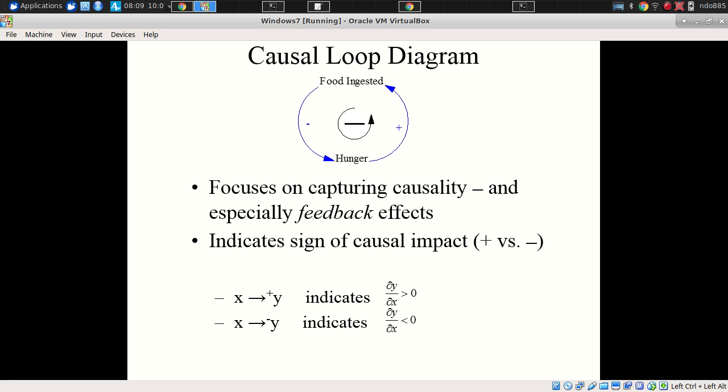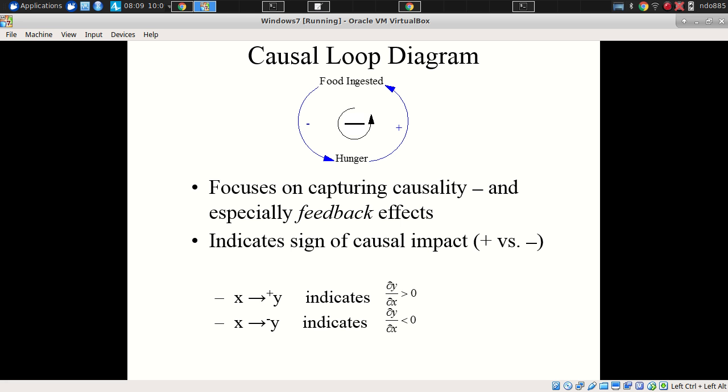We're not in a changed environment which limits our access to food, etc. So positive will mean increasing A will lead B to go in the same direction, all other things being equal, compared to the value it would have had. So let's follow that through.